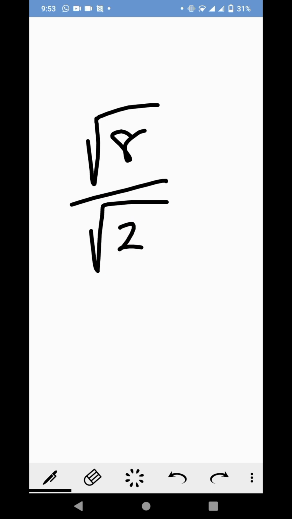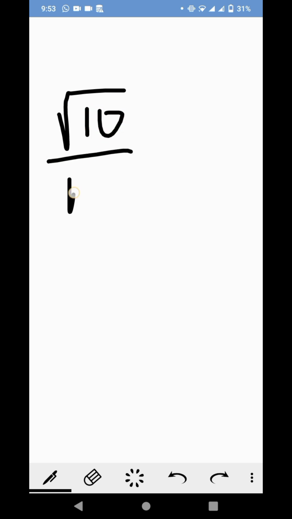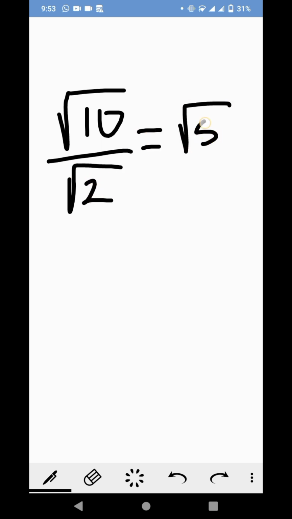Root 8 divided by root 2 will give us root 4, and root 4 is equal to 2. Alright, so root, let's say 10 divided by root 2 will give us root 5. It's like 2 going into 10, you get 5.